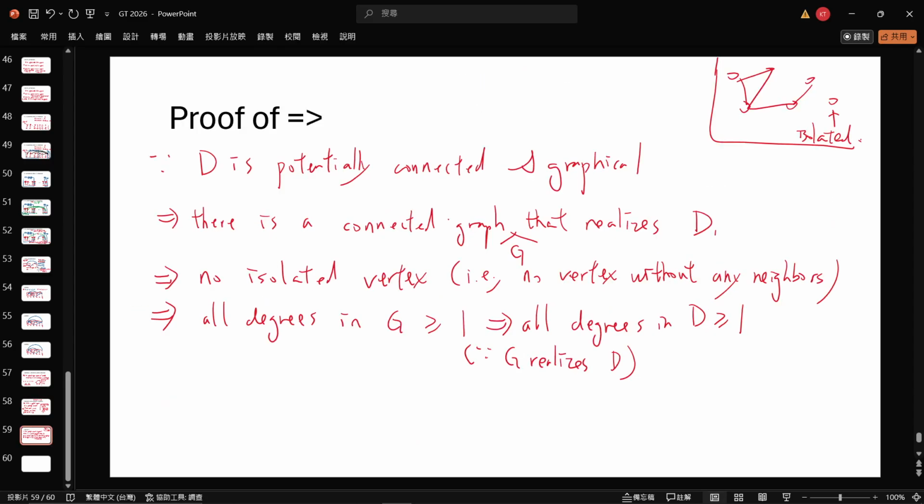And the second property, go back to here. The graph G is connected, so G has a spanning tree. Therefore, G has at least n minus 1 edges.